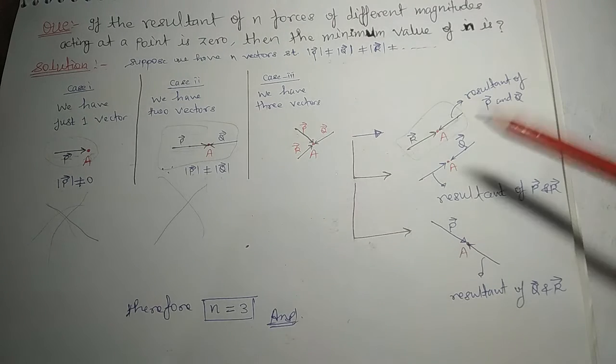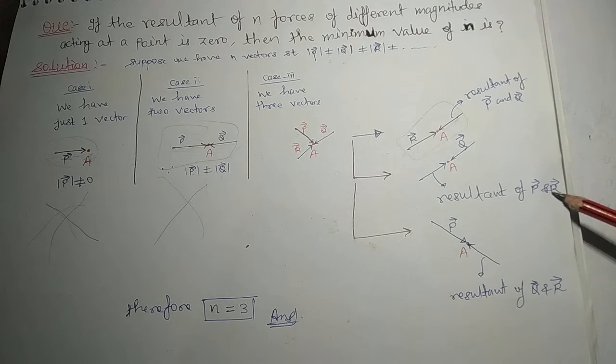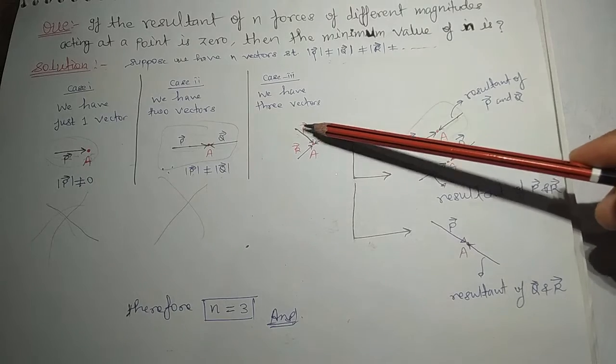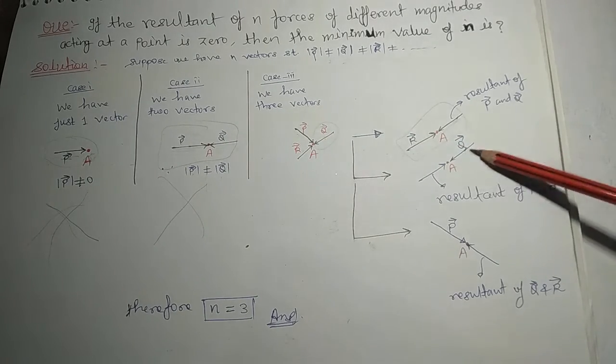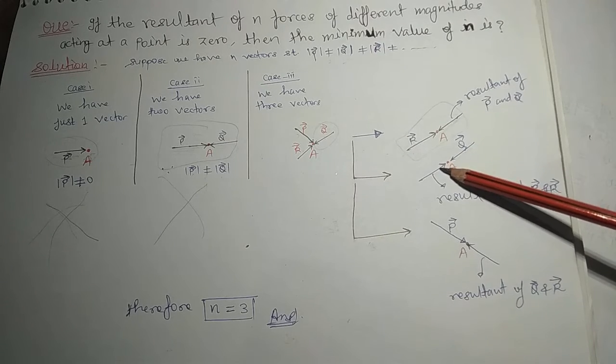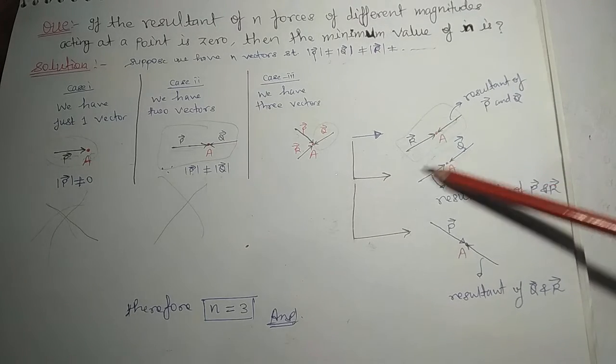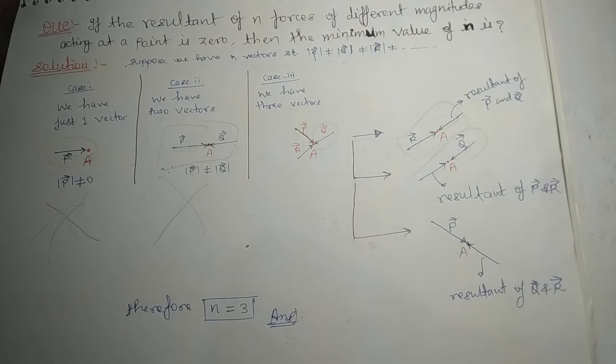Another case may arise that the resultant of force p and r is equal and opposite to vector q. This is vector q and this is the resultant of vector p and r. So here also the resultant of these vectors may be 0.